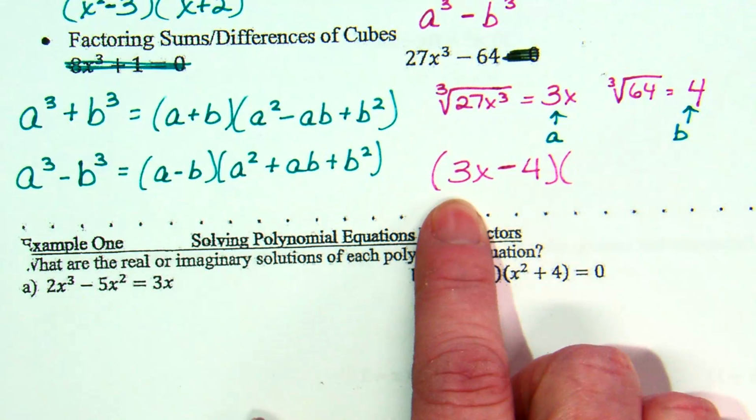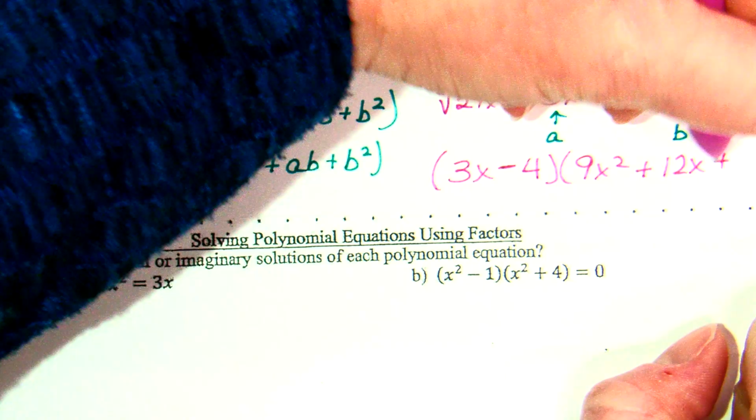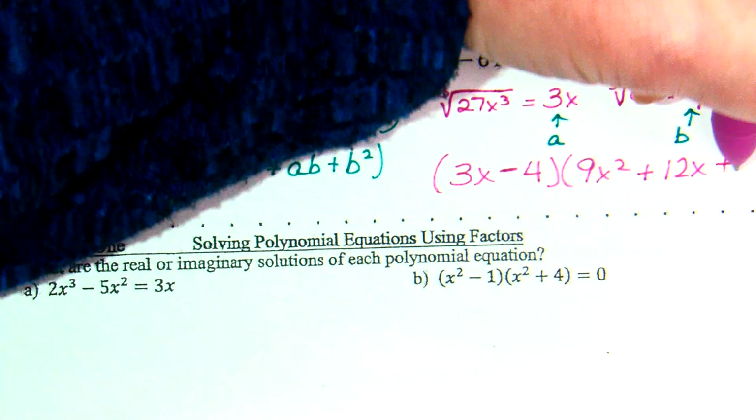So 9x squared. Notice, change the sign, it's plus and it says AB. So 3x times 4, and 3x times 4 is 12x. It's always plus b squared, and b is 4, so plus 16.